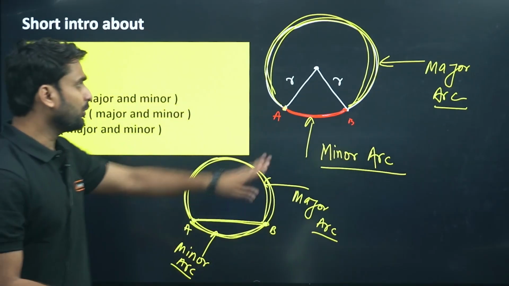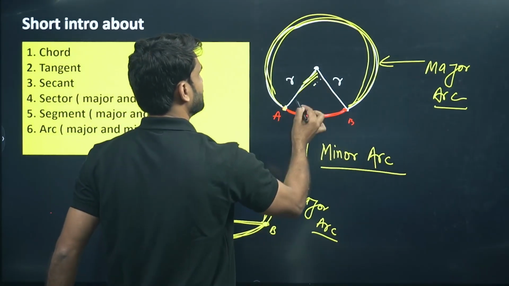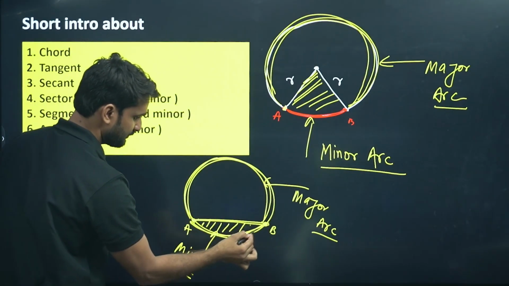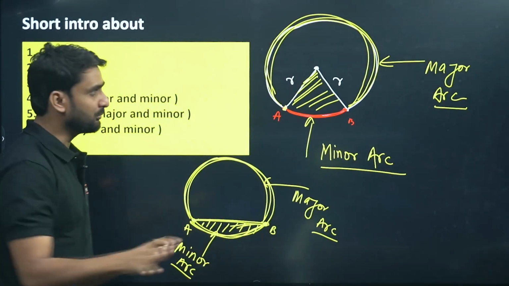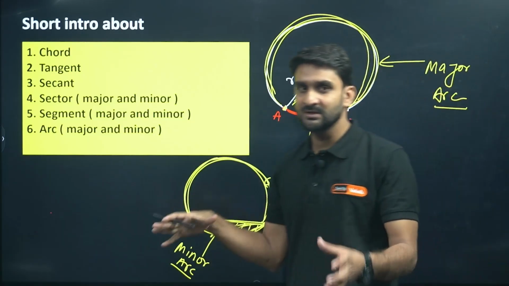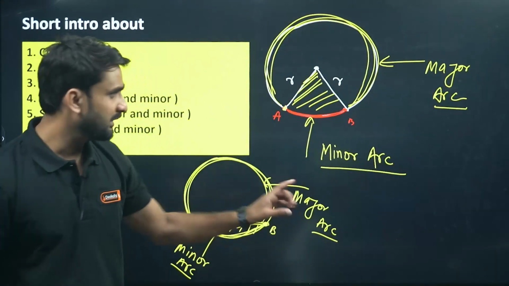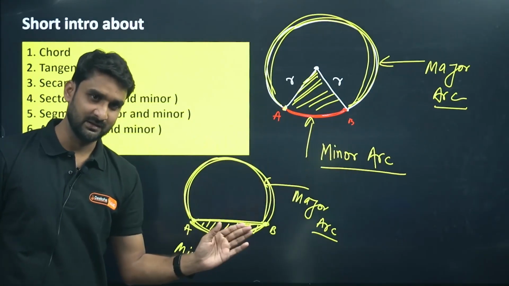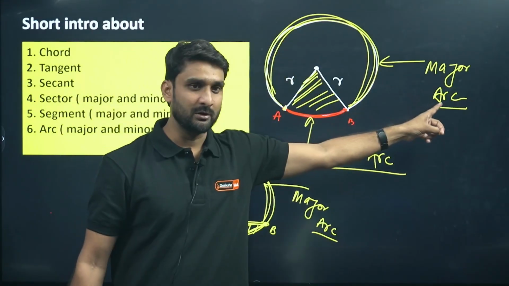So either you draw a sector or you are making a segment, arc will be present on both sides, at both points. The smaller arc will be termed as minor arc, and the bigger part will be called major arc.